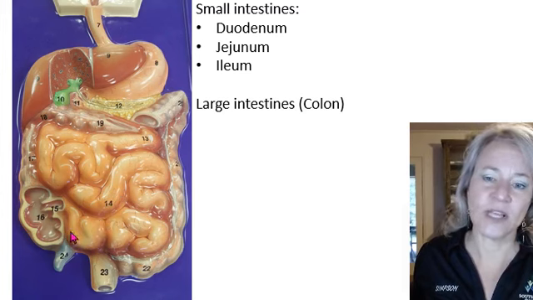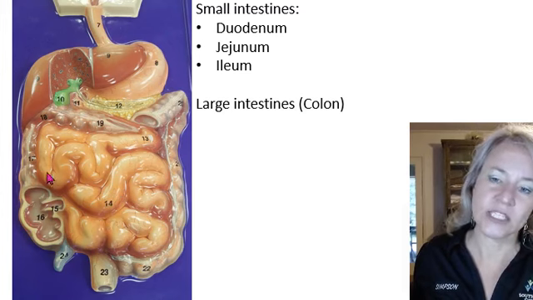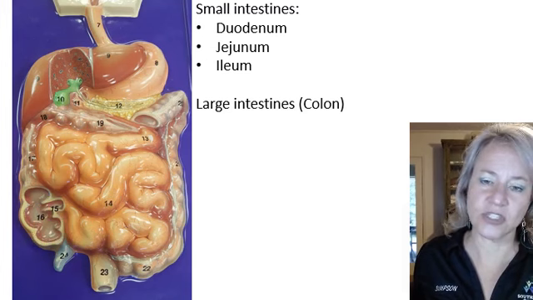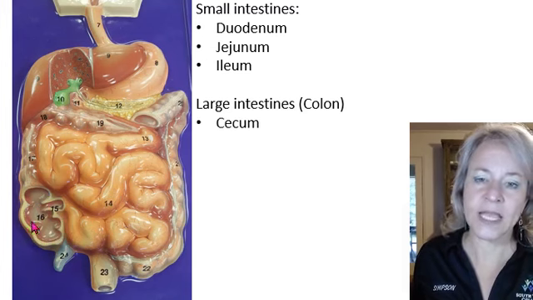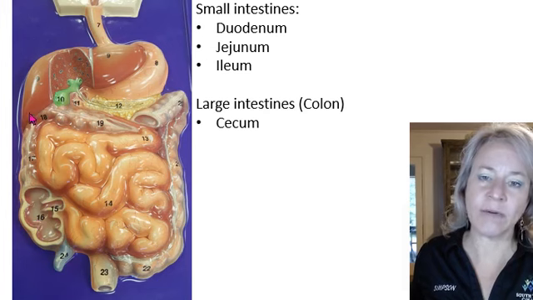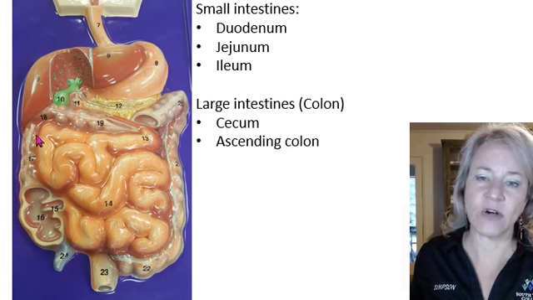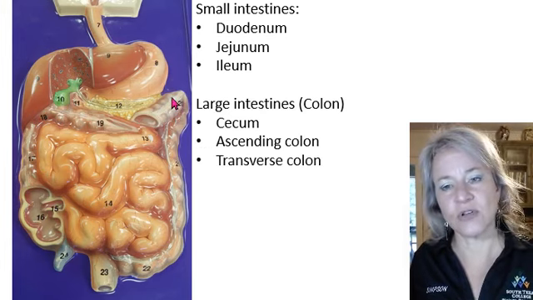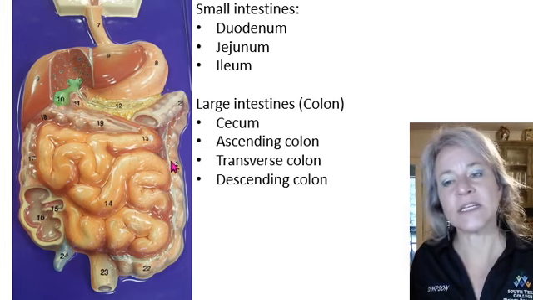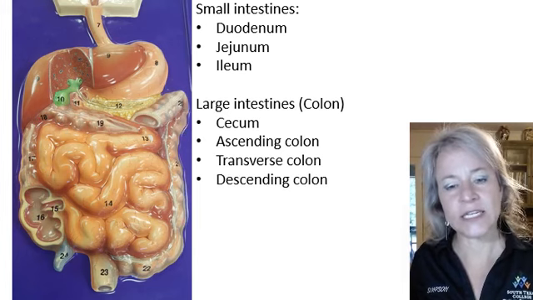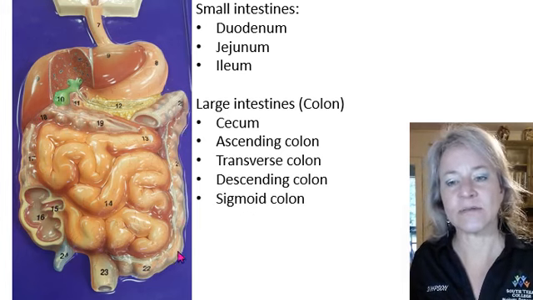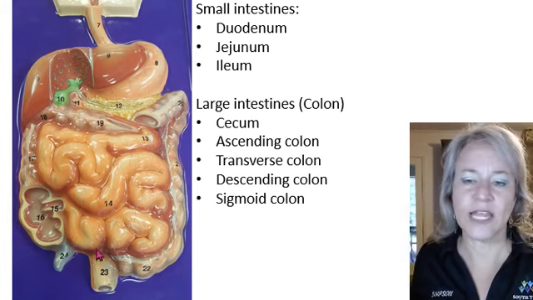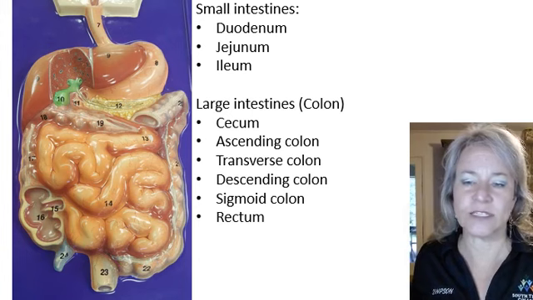So that solid waste moves into this large intestines, and it starts right here. This pocket structure is called the cecum, and then it's going to move up the ascending colon, across the transverse colon, down the descending colon, and then make an S-shaped curve, which is the sigmoid colon, and then finally it moves into the rectum.